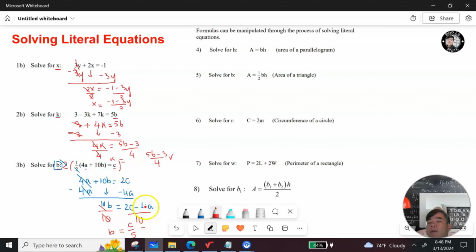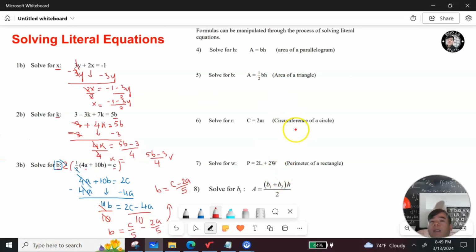Minus 4 and 10, I divide the top and bottom by 2, so it becomes 2a over 5. This one, I just write them with the same denominator. So b equals c minus 2a over 5.